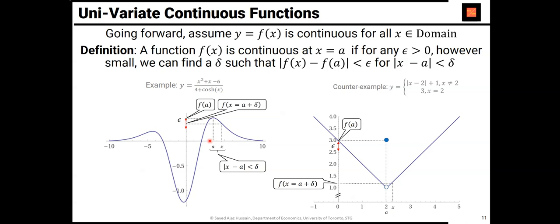Intuitively, what I do is I wiggle a little bit. So here's the value of a. Here's the value of the function at a, f of a. If I wiggle a little bit over here, I will pick up a value of x that is going to give me the value of the function at a plus the distance between a and x, which is delta. And now, as long as this difference is less than some arbitrarily chosen number, epsilon, which can be any number, big or small.